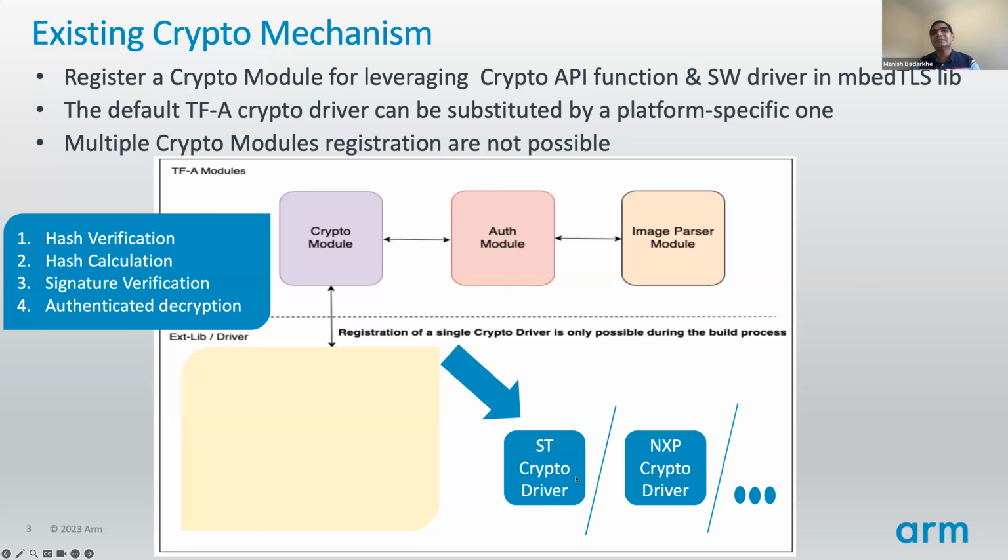So we have the ST crypto driver and the NXP crypto driver. Again, we can't use software crypto and ST crypto, or software crypto and NXP crypto, at the same time, because of the limitation I mentioned: we can only register one crypto driver at a time. So this is the current mechanism.